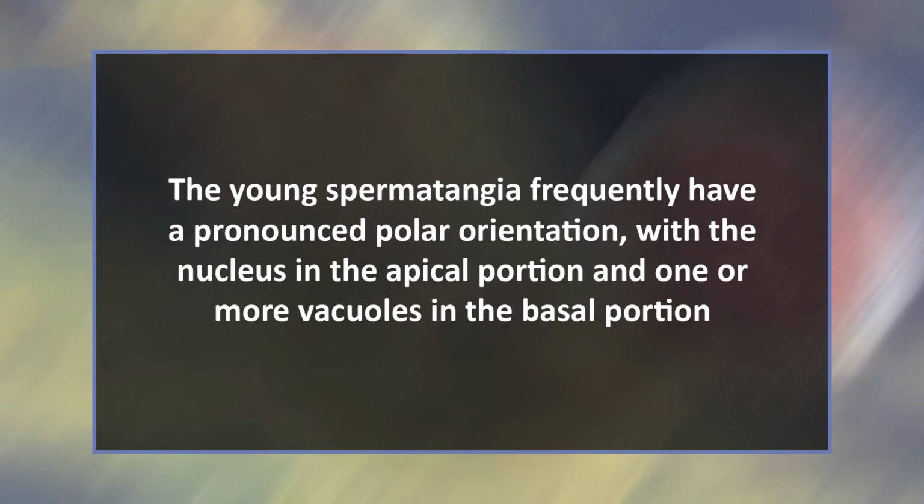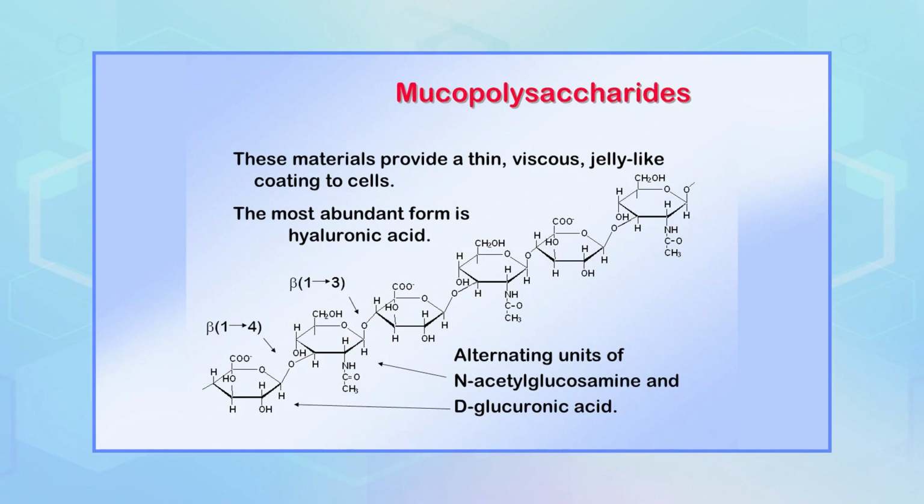The young spermatangia frequently have a pronounced polar orientation, with the nucleus in the apical portion and one or more vacuoles in the basal portion. As the spermatangium ages, vacuoles form in the basal area. These vacuoles contain fibrous material, probably mucopolysaccharides, and make up half the volume of the spermatangium.